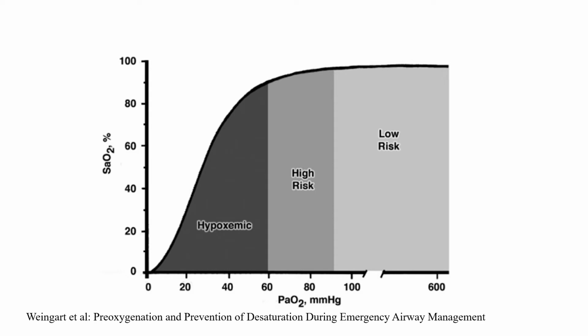Especially because of something you call pulse ox lag, which I'll shortly go into in a little while. But briefly, pulse ox lag is just that what the pulse oximetry is seeing is probably a minute late compared to what the brain is seeing.